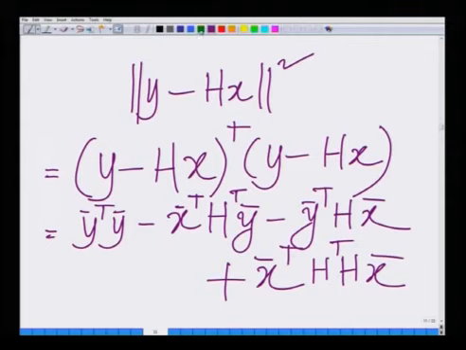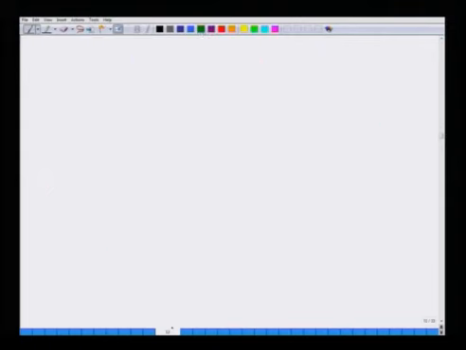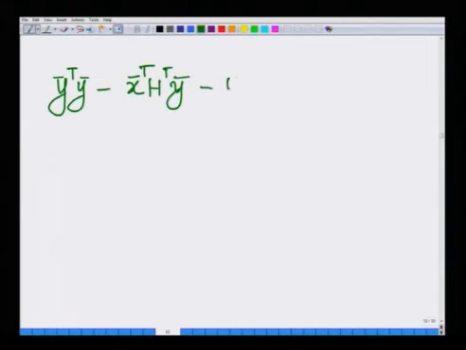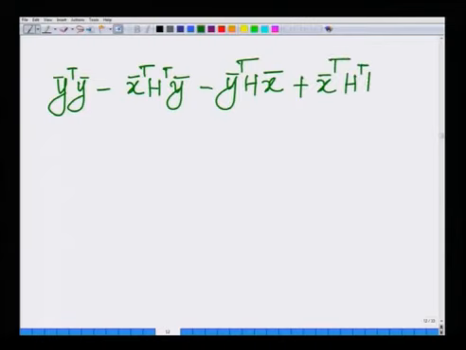Okay, so now I will take this and differentiate it with respect to x bar. So, let me rewrite this expression: y bar transpose y bar minus x bar transpose h transpose y bar minus y bar transpose h x bar plus x bar transpose h transpose h x bar.